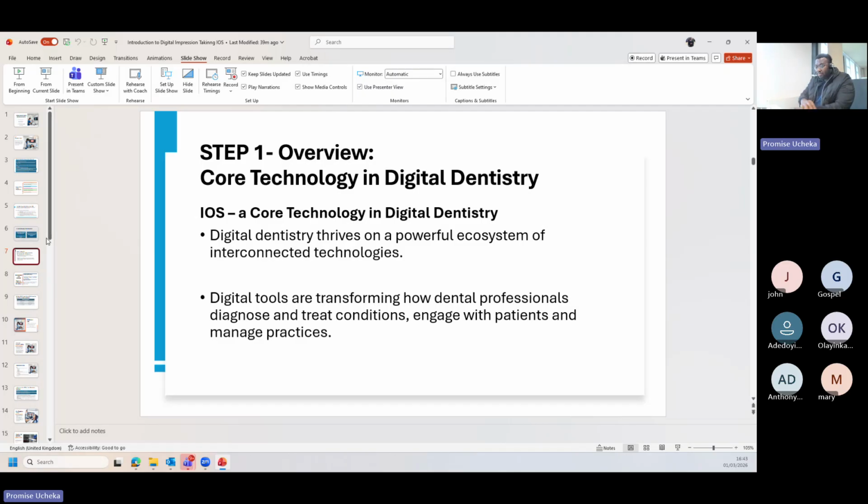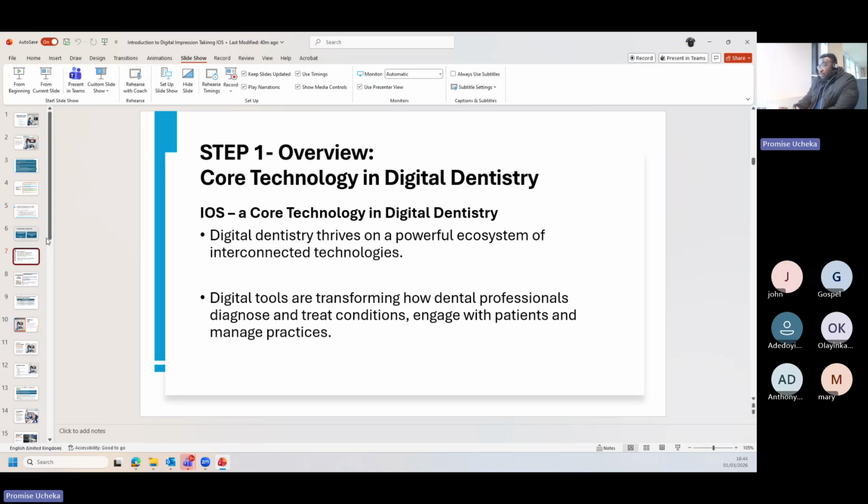So there is an interconnection of technologies that digital dentistry relies on currently, of which the intraoral scanner is just one part. I've done a series of sessions in the past about the full introduction to digital dentistry, but today we're looking specifically at intraoral scanners.